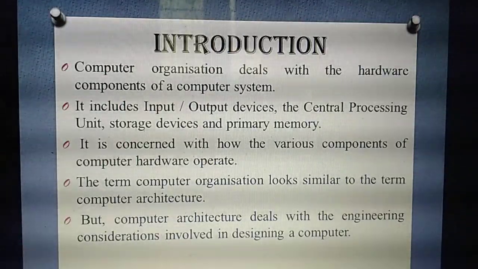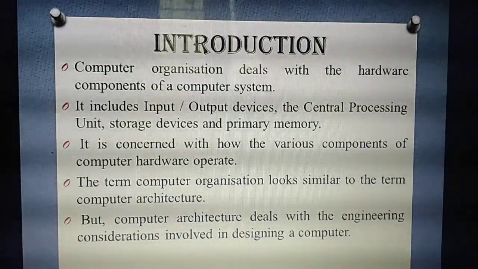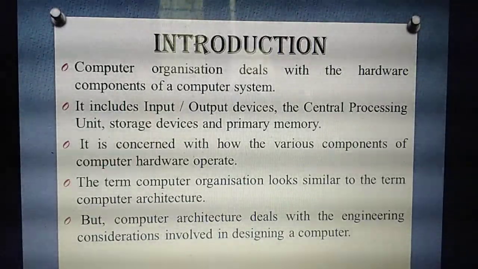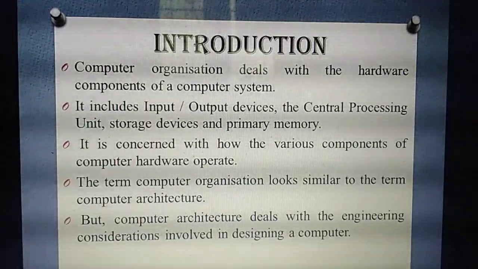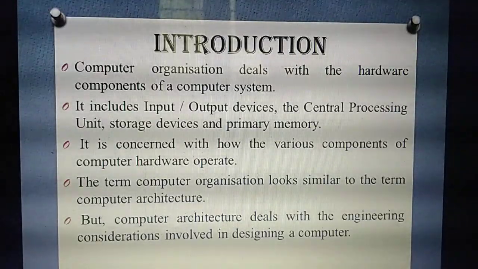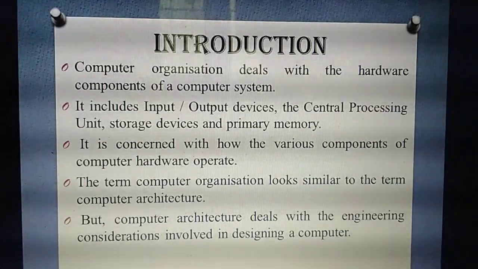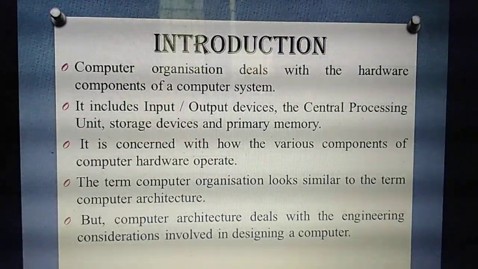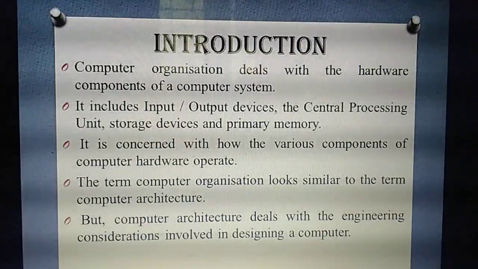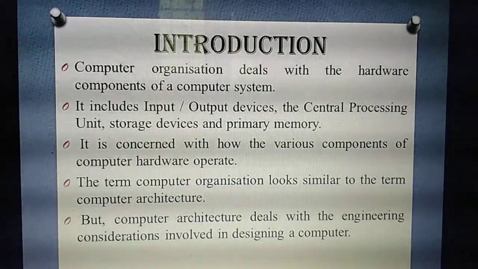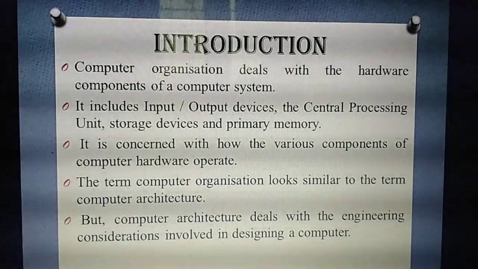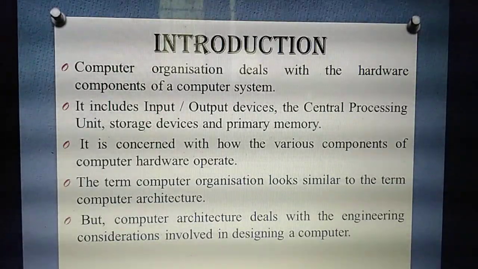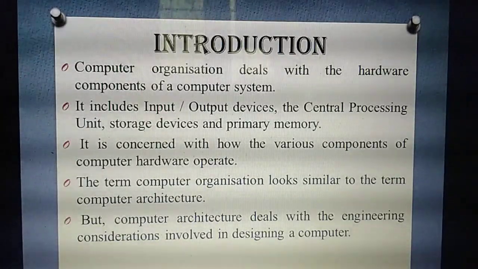Storage devices, and in storage, memory. How many types of memory are there? Two types: primary memory as well as secondary memory. As I said first, for the computer to work properly, both the hardware and software components need to work properly. This computer organization mainly deals with the hardware components of the computer system.